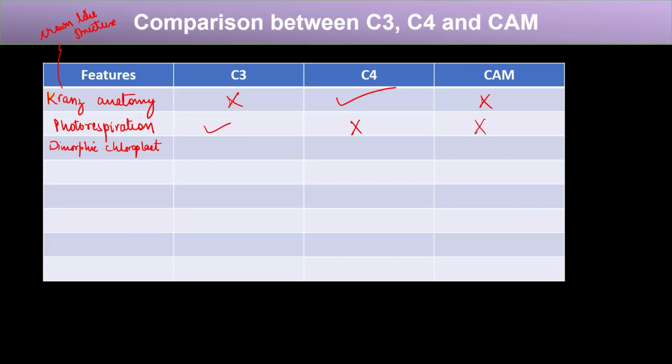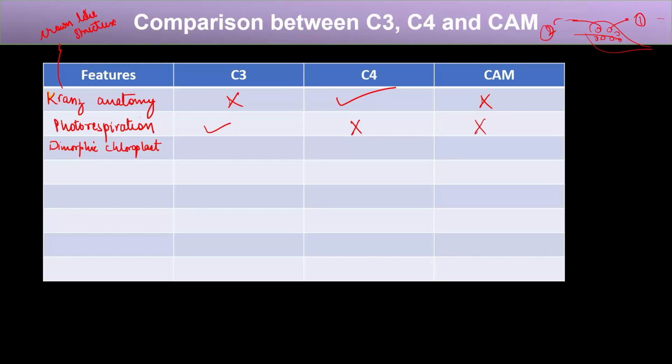Dimorphic chloroplast means that you have a leaf with different cells, and in one cell it has one type of chloroplast, while in another cell it has a different, second type of chloroplast. Such chloroplasts are known as dimorphic chloroplast.